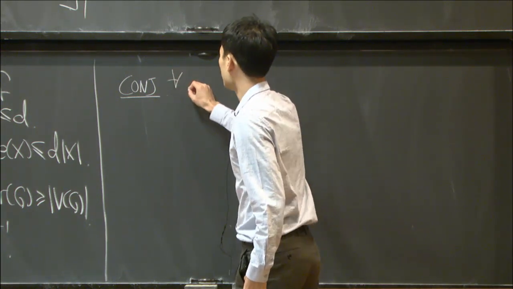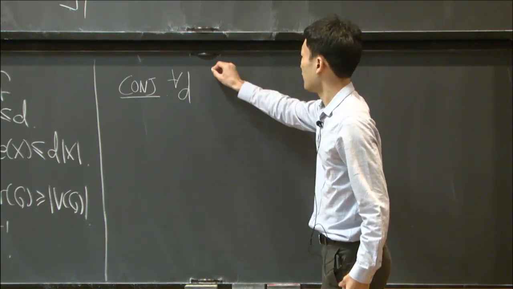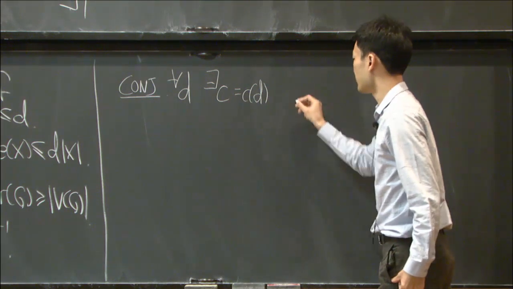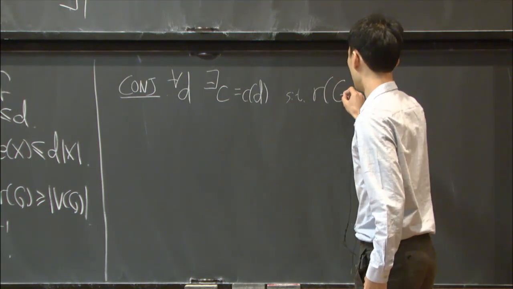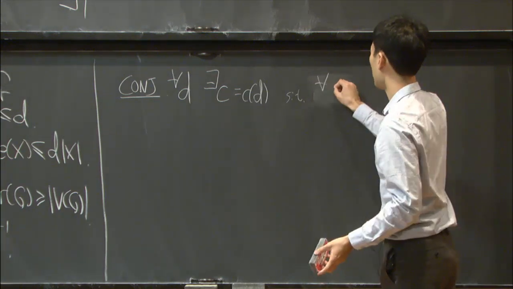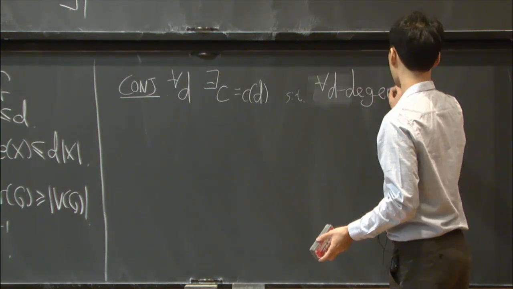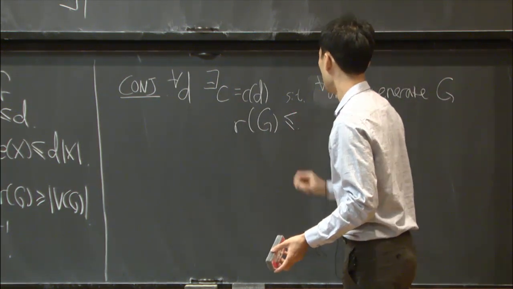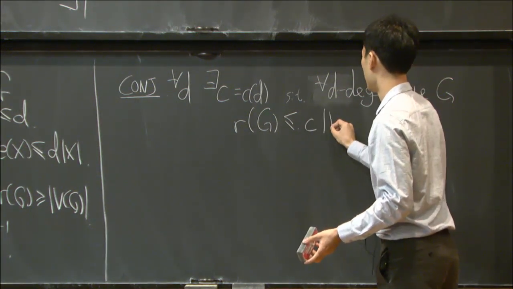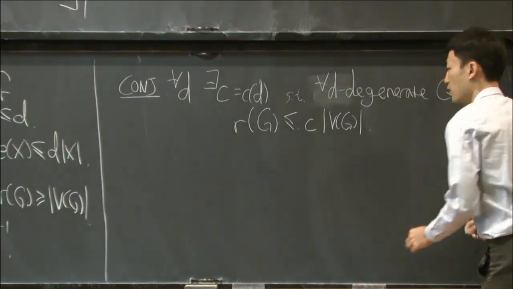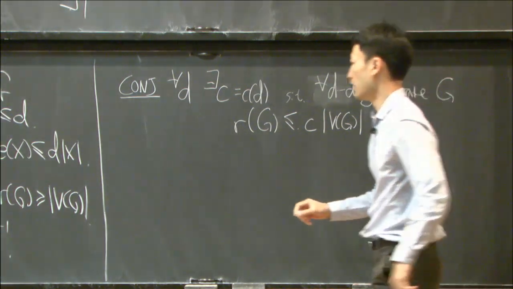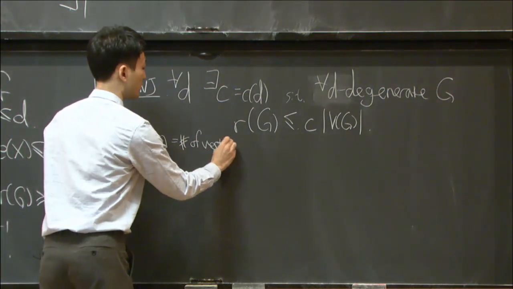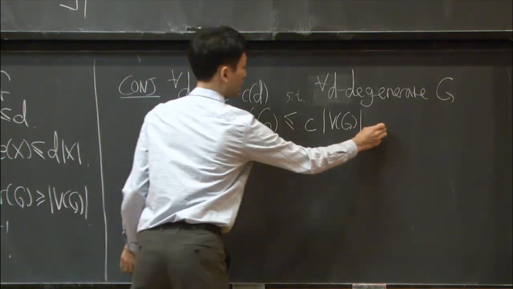They conjectured that for all natural numbers d, there exists a constant c depending on d, such that for all d-degenerate graphs G, the Ramsey number of G is at most c times the number of vertices of G. And from now on, I'll just fix n to be the number of vertices of G. So, cn.